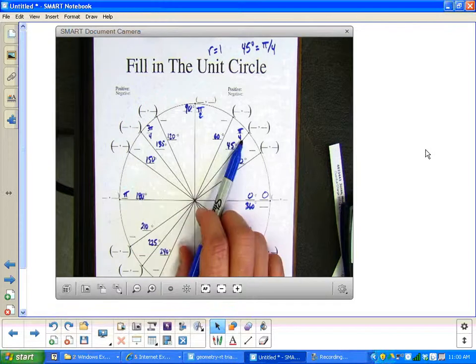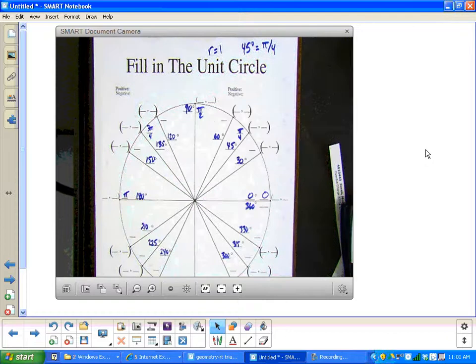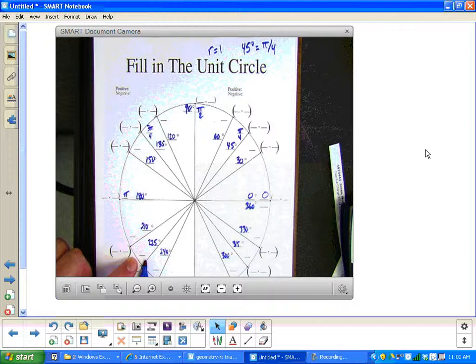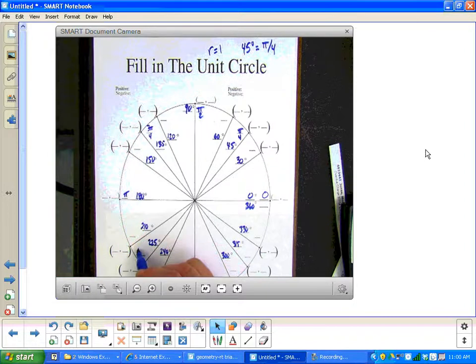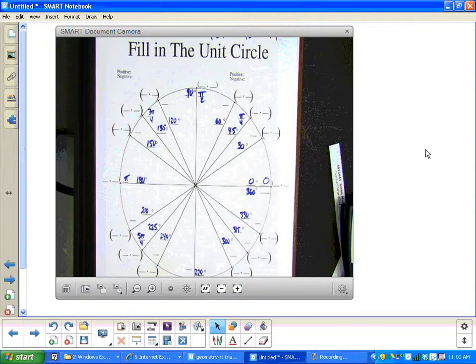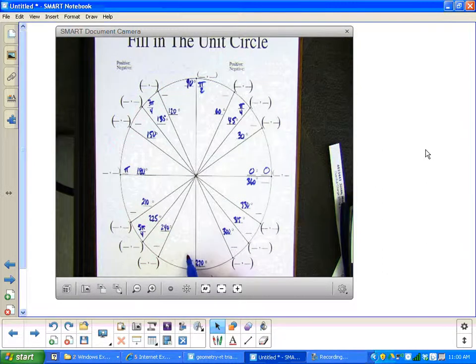Pi over 4, 2 pi over 4, 3 pi over 4. All right. Now, you should be able to tell me what this one is down here. 5 pi over 4. Another 45 degrees is going to put me at, yeah, 6 pi over 4, which would be really 3 pi over 2.